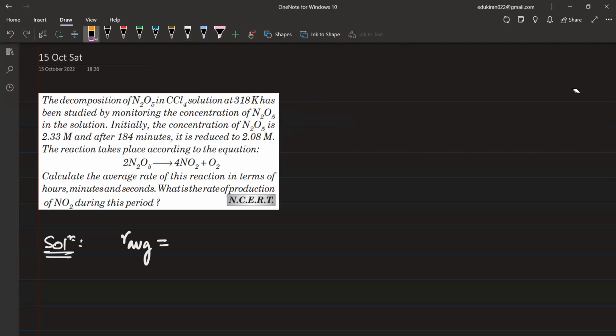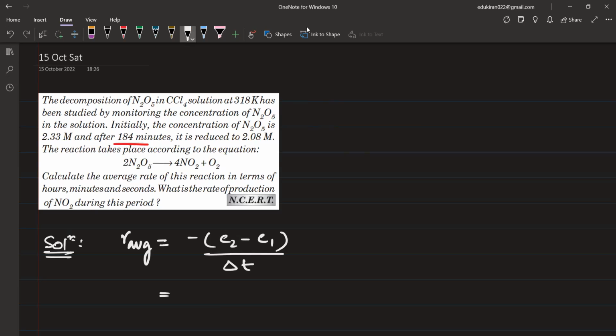We have been given the concentration of reactant. So it is C2 minus C1, that means final minus initial, upon delta T, the change in time. Delta T has already been given as 184 because after 184 minutes, we saw this change.